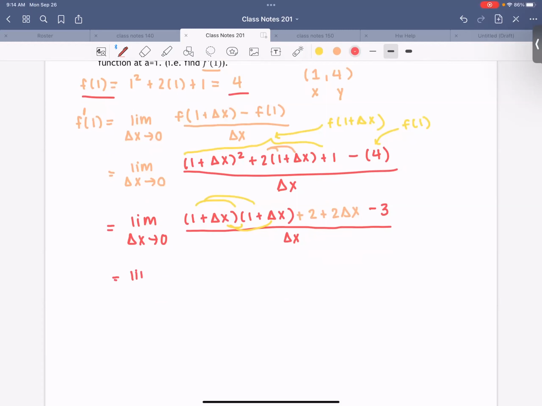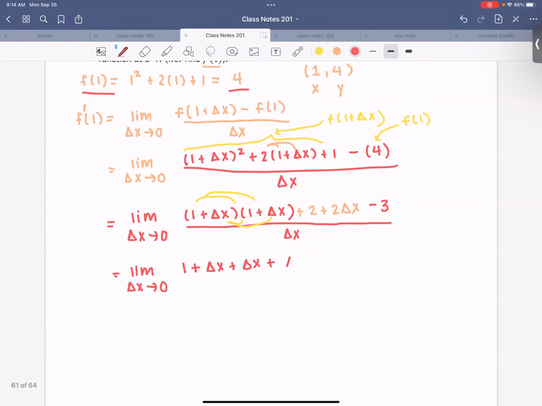We have the limit as delta x goes to 0 of 1 plus 1 times delta x, which is just delta x, plus delta x again. What's delta x times delta x? Delta x squared. That's all that is. Okay, we have plus 2 delta x minus 3, all over delta x.